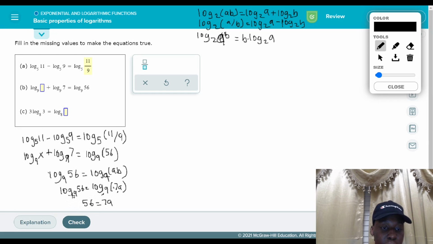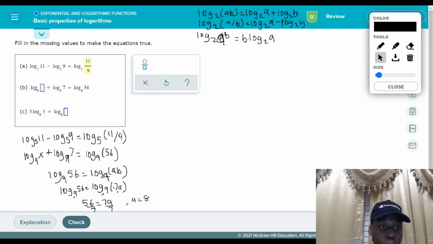To find a, I have to divide both sides by 7. When I divide here by 7 and here by 7, I get a equals 8. So a in this case will be equal to 8.